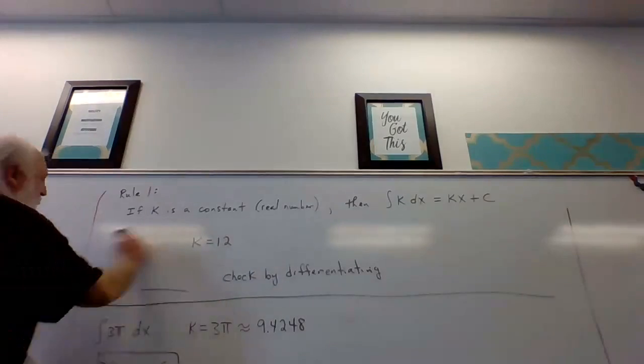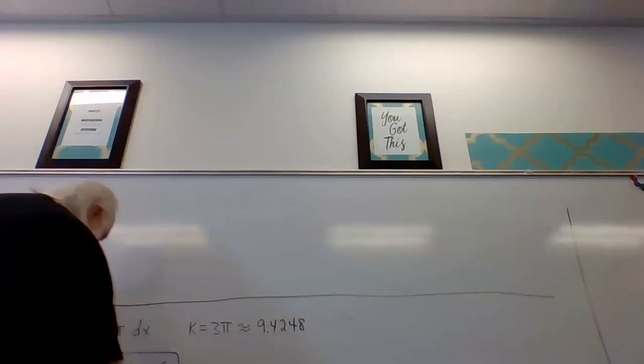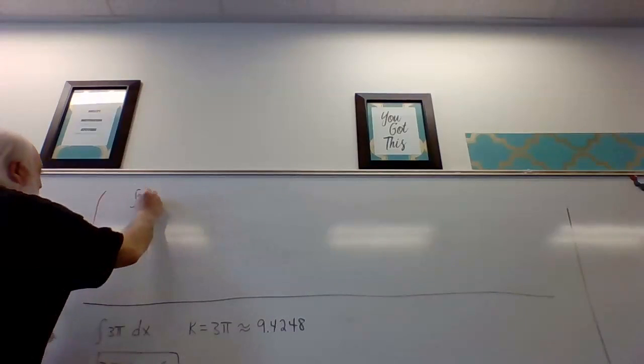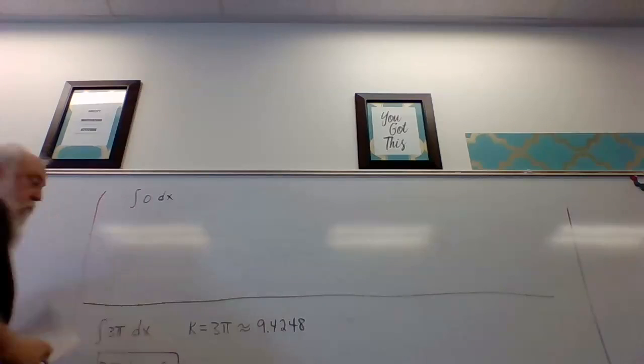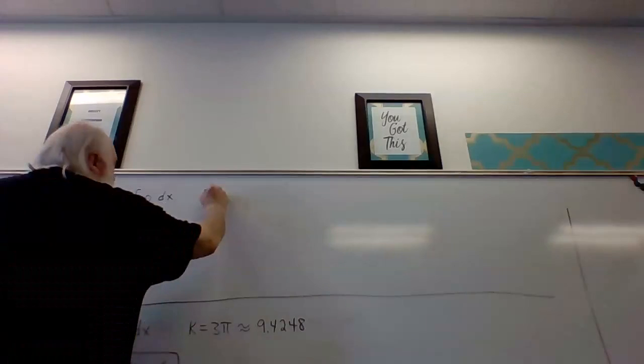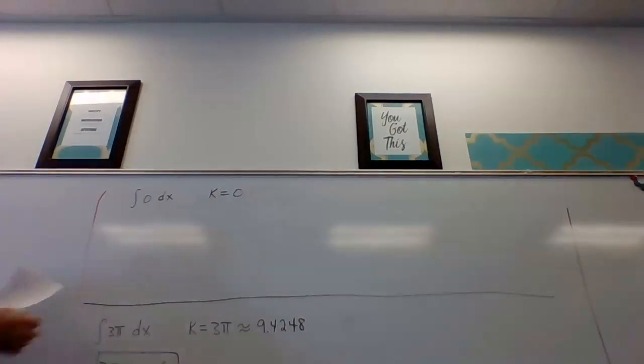In example 3, we have the antiderivative of 0 with respect to x, right? So k is equal to 0 in this case. 0 is a real number.